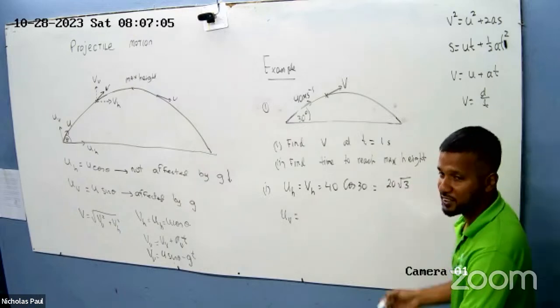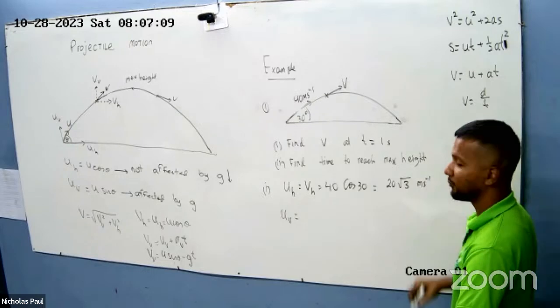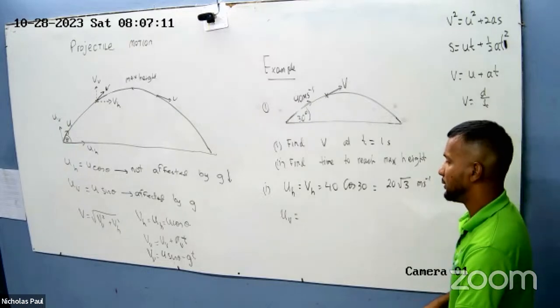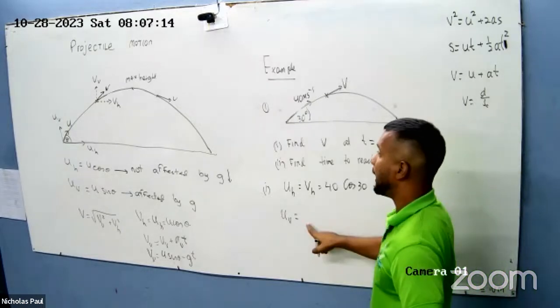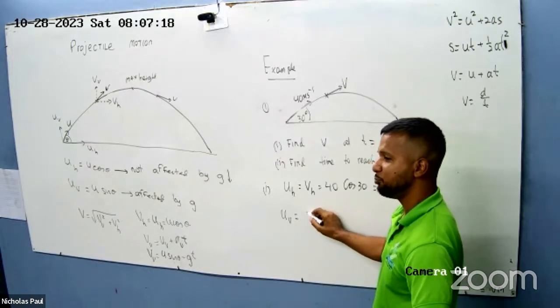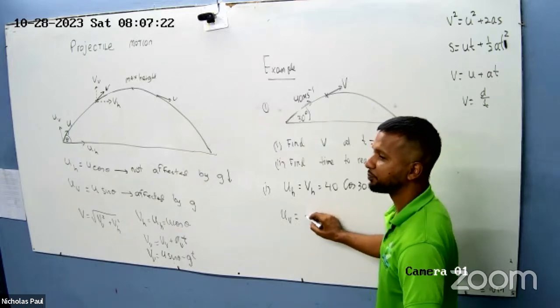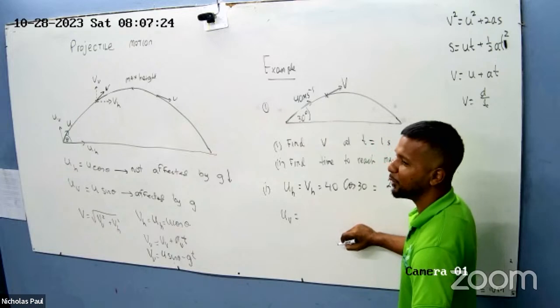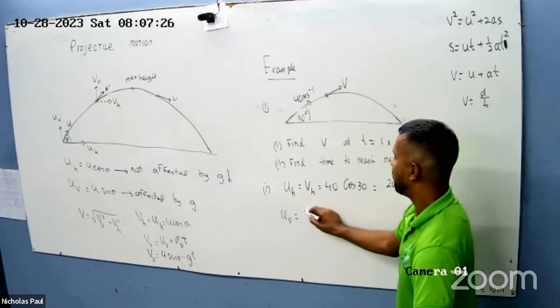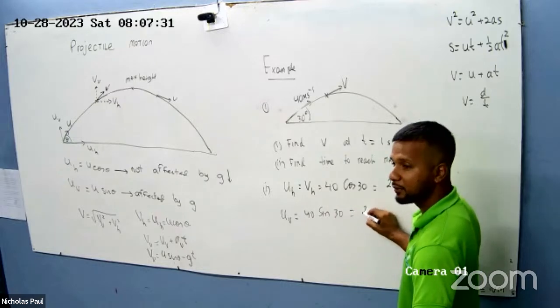For those who want a decimal, round the top. Then work out the initial vertical. The initial vertical is 40 sine 30. How much is that? 20.